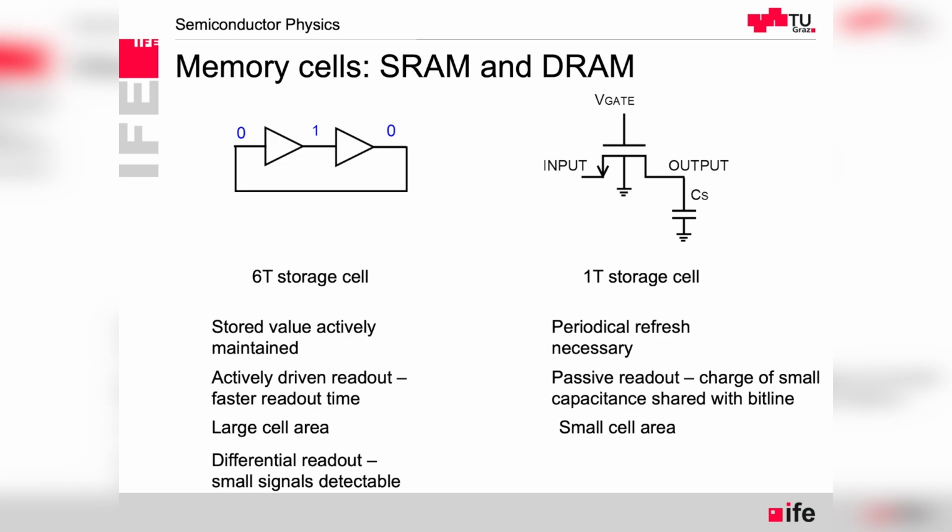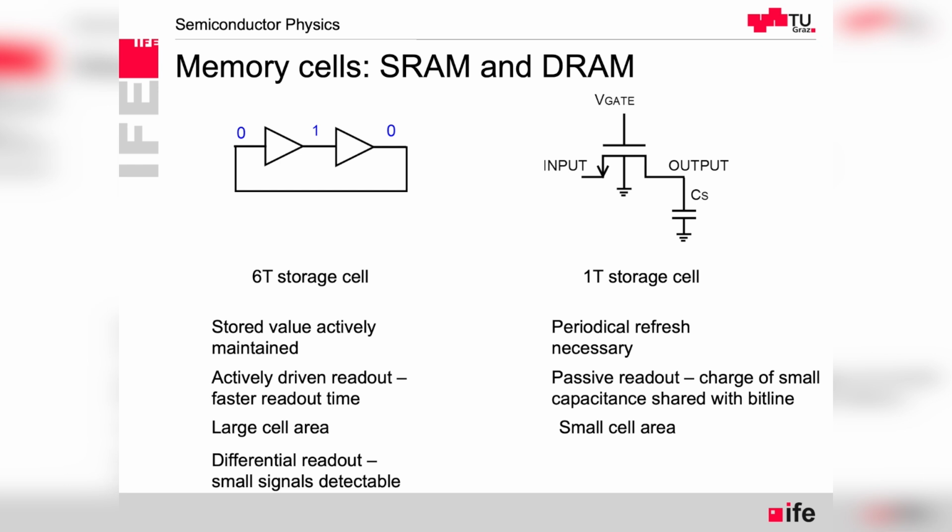SRAM will be 6 transistors, because we have 2 transistors in each inverter, that means 4, and also we have 2 transistors to access those 2 nodes. So during the programming or reading of the structure, we need to have access. That makes 6 transistors in total, whereas the single 1T, it's obvious, the transistor is drawn.